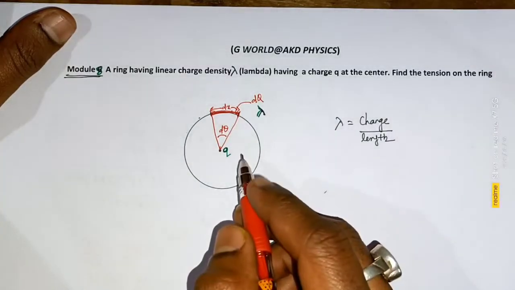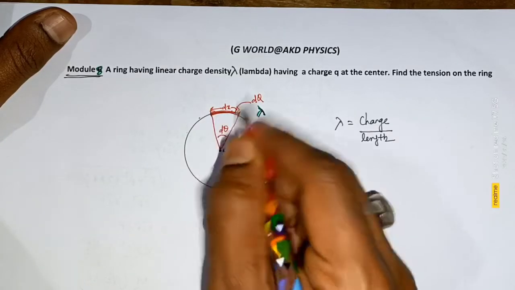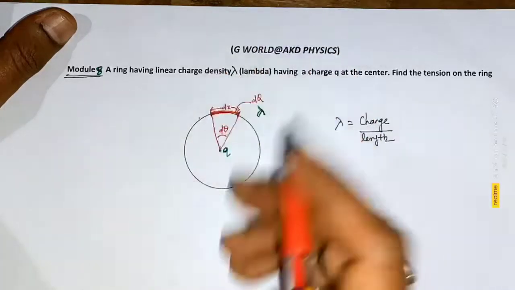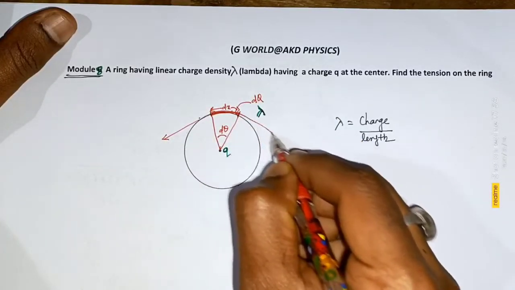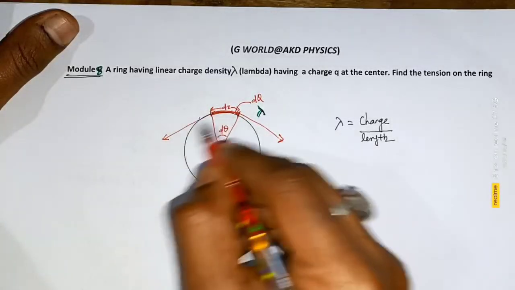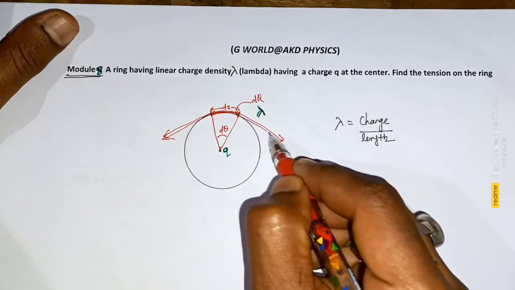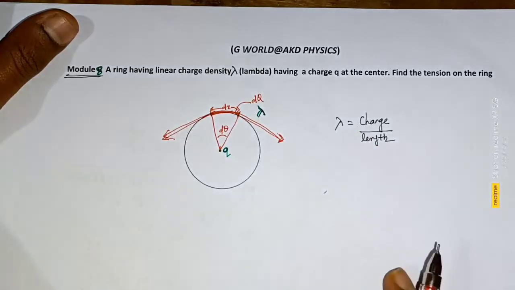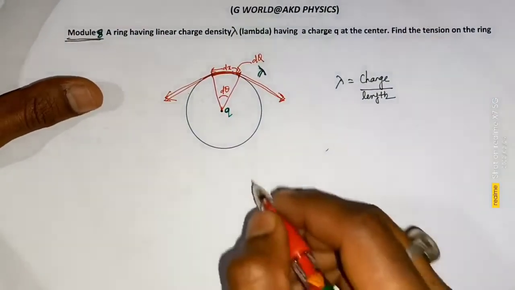If you observe very carefully, the charges will expand like this. So the impact of tension will be like this. Due to repulsion, this tension is like this, and this tension will be like this. I just want to redraw the same scenario in a broader sense.